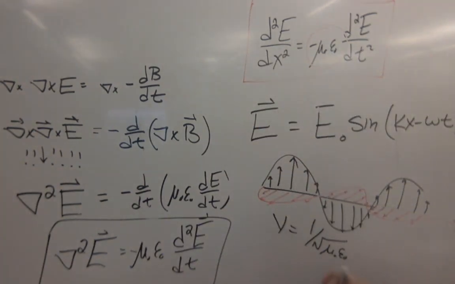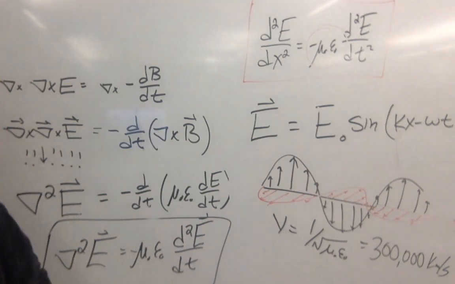So Maxwell took mu 0, epsilon 0, multiplied them, took the square root, took 1 over that, and he got a number, 300,000 kilometers per second.